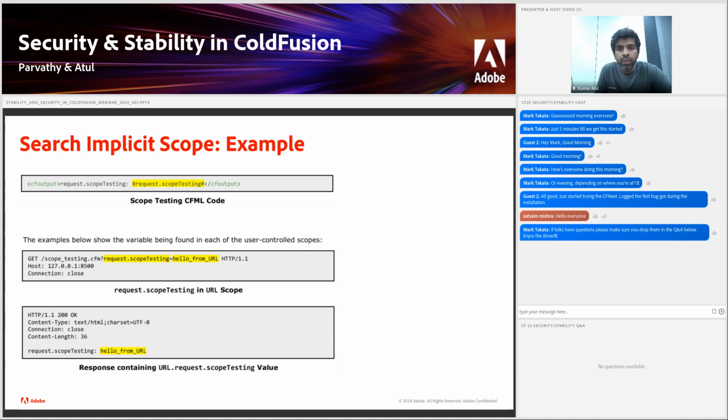Now we call this file, scope testing.cfm, with a parameter: request.scope testing equals hello from URL. When we pass a parameter in the URL, that should be part of the URL scope. But in this case, ColdFusion looked into the URL scope as well, found that request.scope testing was available, and returned the value which was passed as part of that URL.